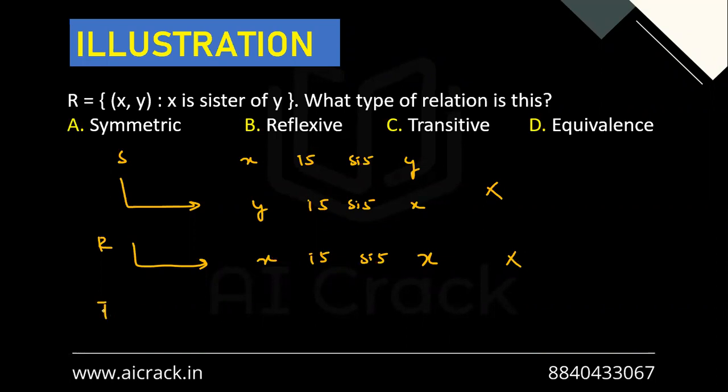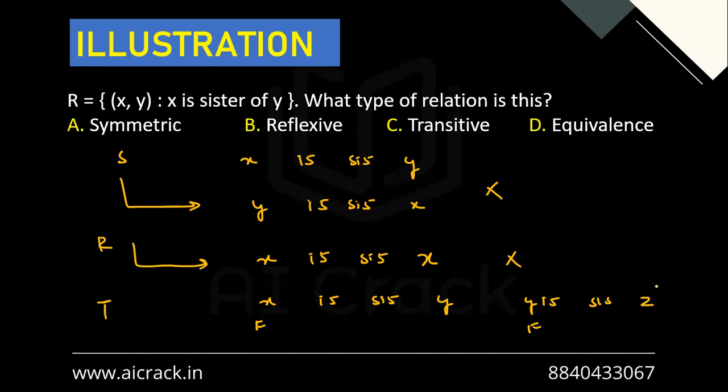Now let's talk about transitive. If x is sister of y and y is sister of z, then our transitive condition says x should be a sister of z. Now we know that x is female because x is sister. We also know that y is also sister, so y is also female.